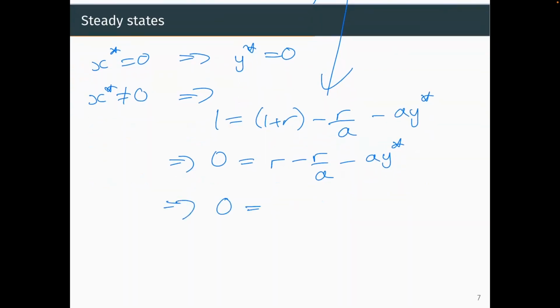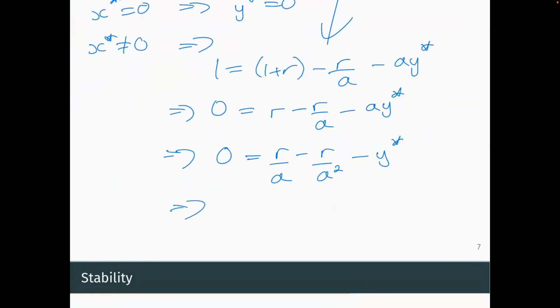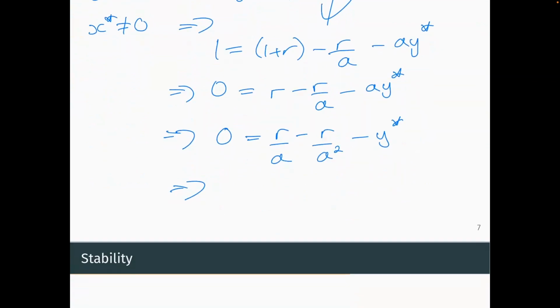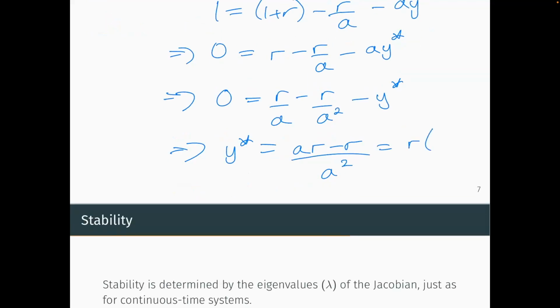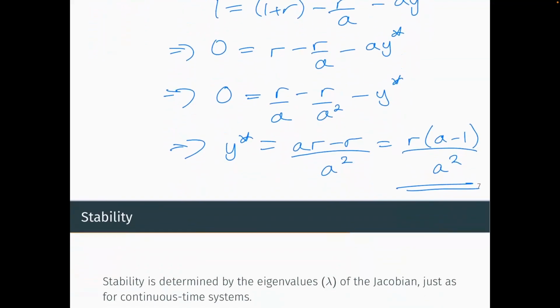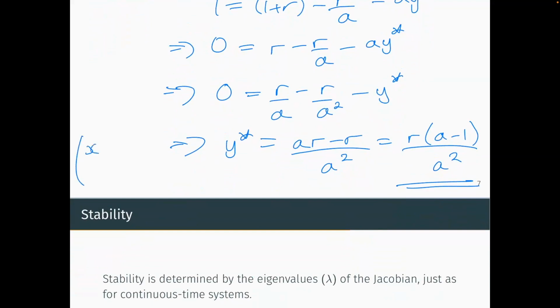Divide by a: we get r over a minus r over a squared minus y star, which we can rewrite as y star is equal to r over a minus r over a squared. And then just factor out the r to be r times a minus 1 over a squared. So when x is equal to 1 over a, then y star is equal to r times a minus 1 over a squared.